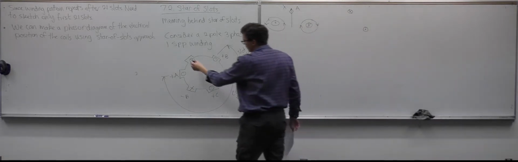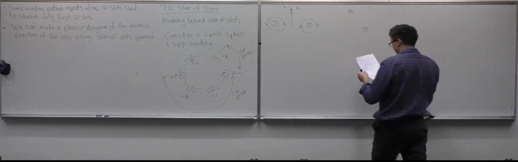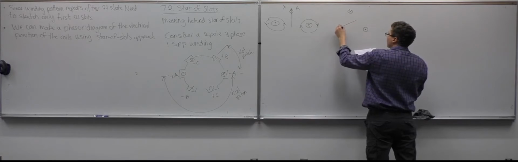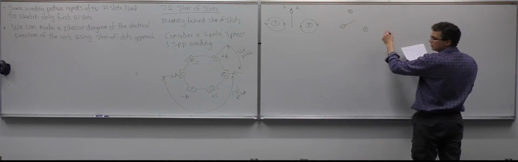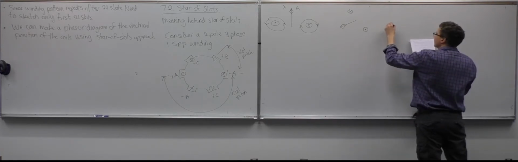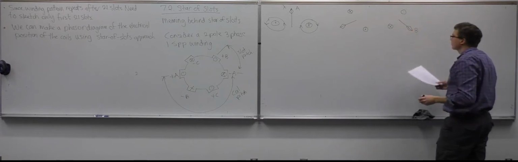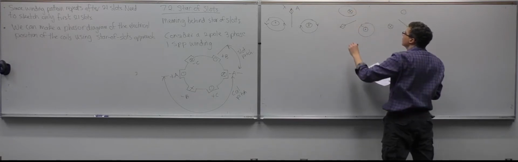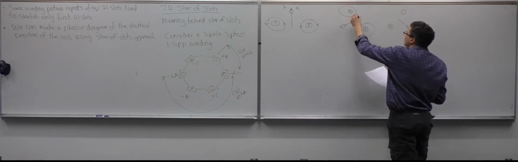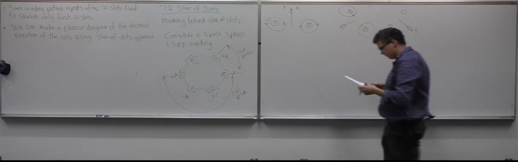You can see these are here, so it's going to create a field going down like that, and then the B is shifted 120 degrees like that. Okay?